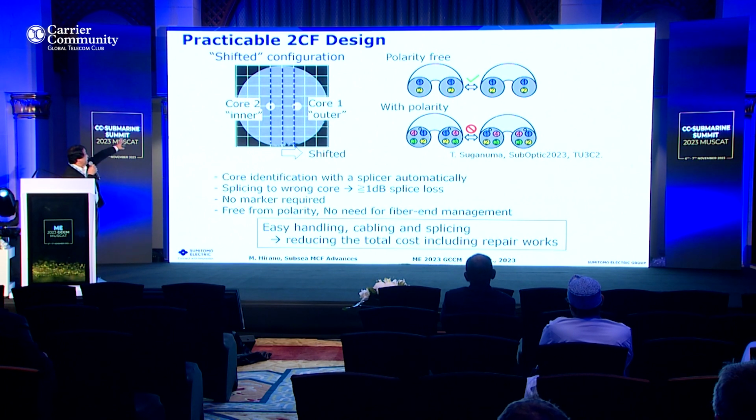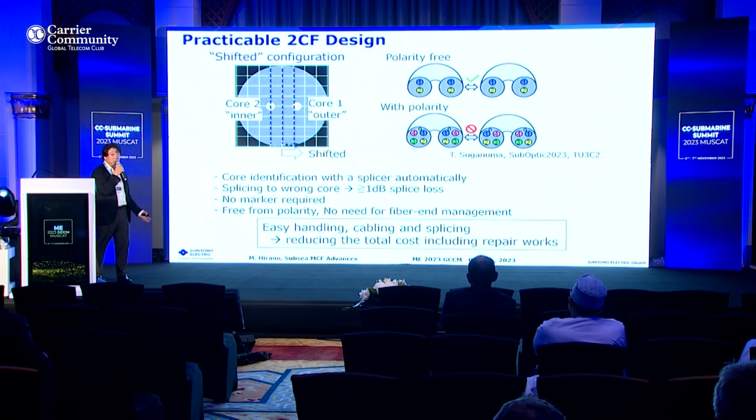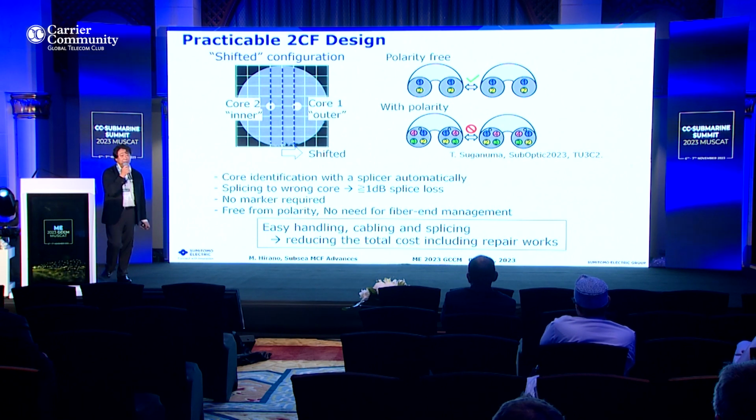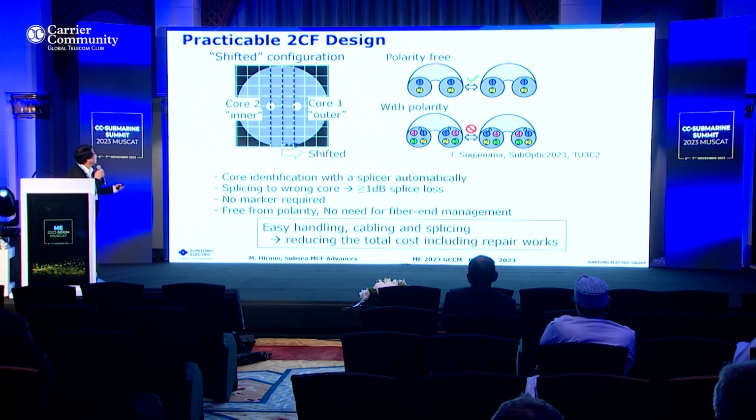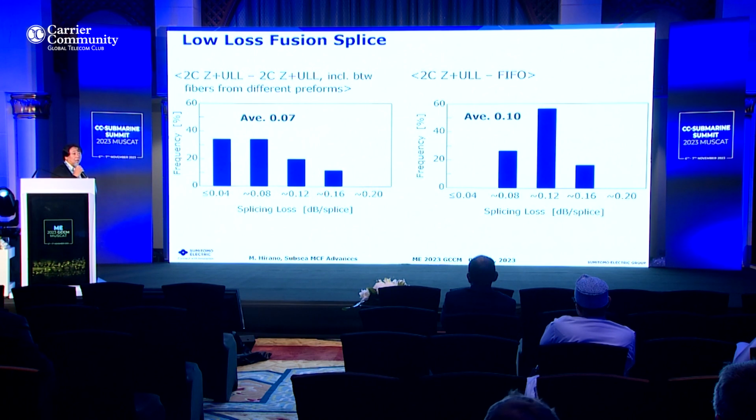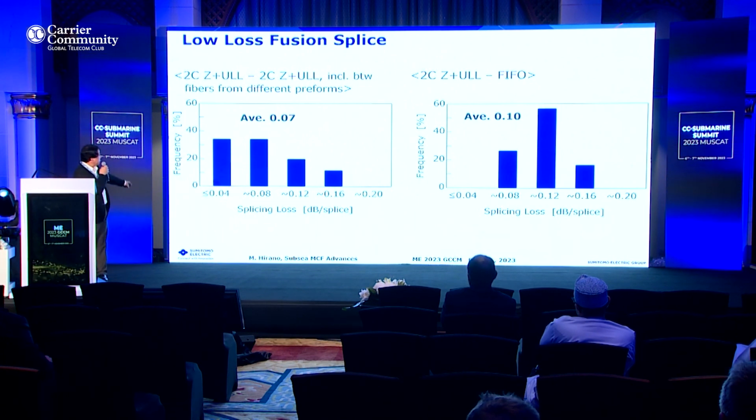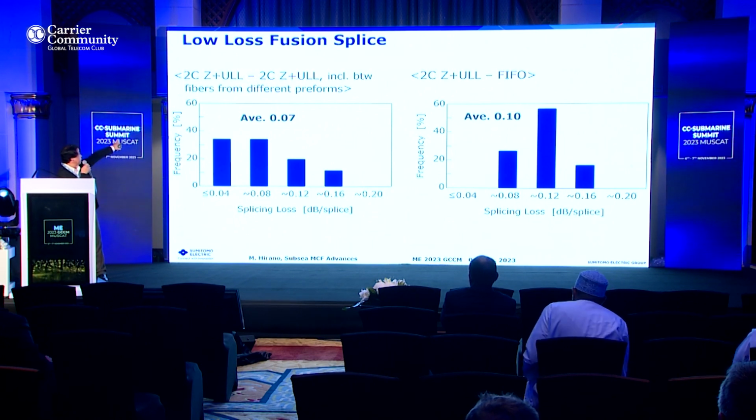So by this shifted configuration, easy handling, cabling, and splicing mean reducing the total cost, including the repair works. That's a very big merit for you. Okay, so I will show the splicing loss. The right-hand side graph shows the splicing between 2-core fiber and 2-core fiber.